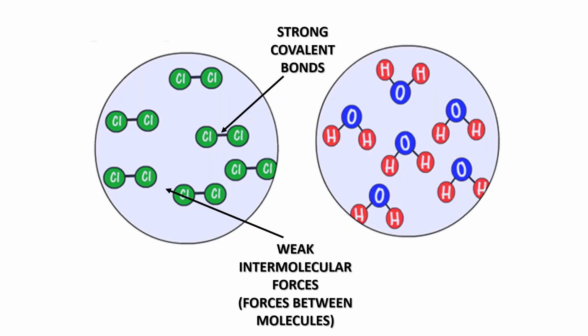Now, we are going to be looking at some giant covalent structures, and there are a number of substances that form giant covalent substances, but we have simple molecules to look at first. Simple molecules have strong covalent bonds between atoms, but weak forces between molecules that are called intermolecular forces.